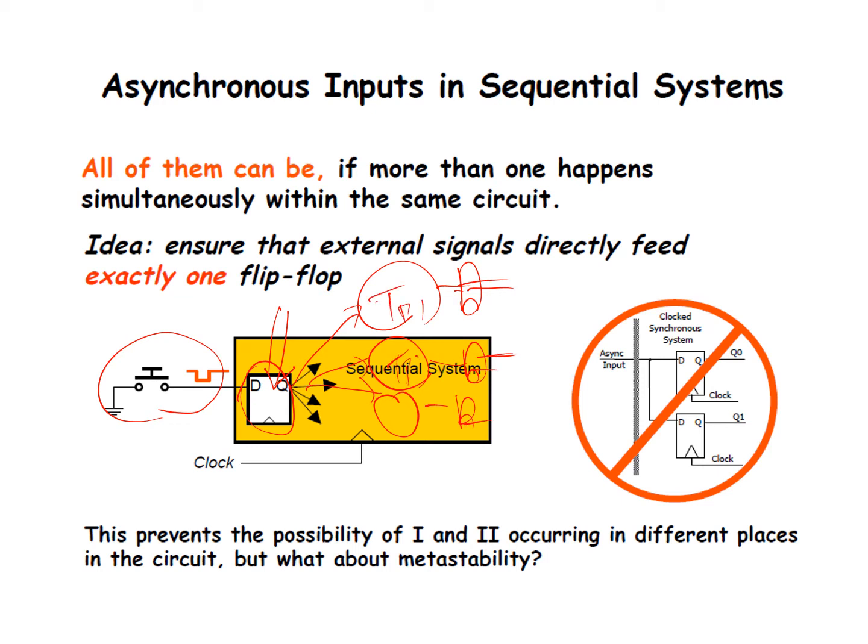Paths 1, 2, and 3. If this first flip-flop fails, all the paths will fail, right? So we have to ensure that the chance of failure is minimized.